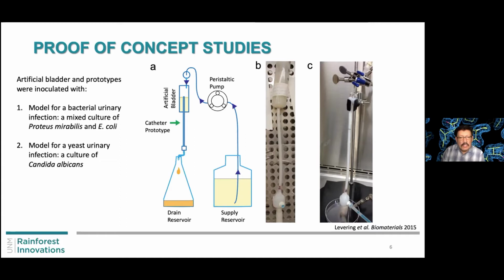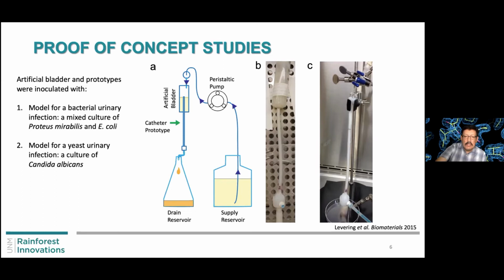The first study we published was on a mixed culture of Proteus mirabilis and E. coli, which are known to form problematic biofilms on urinary catheters.